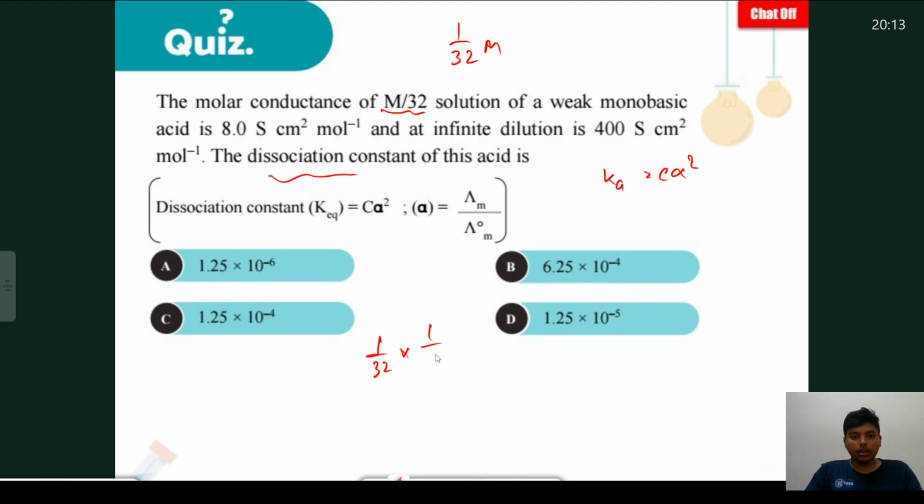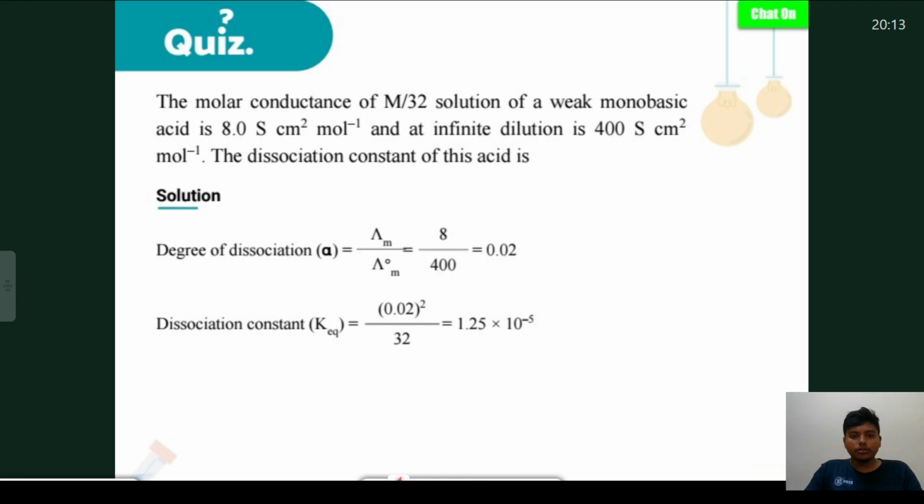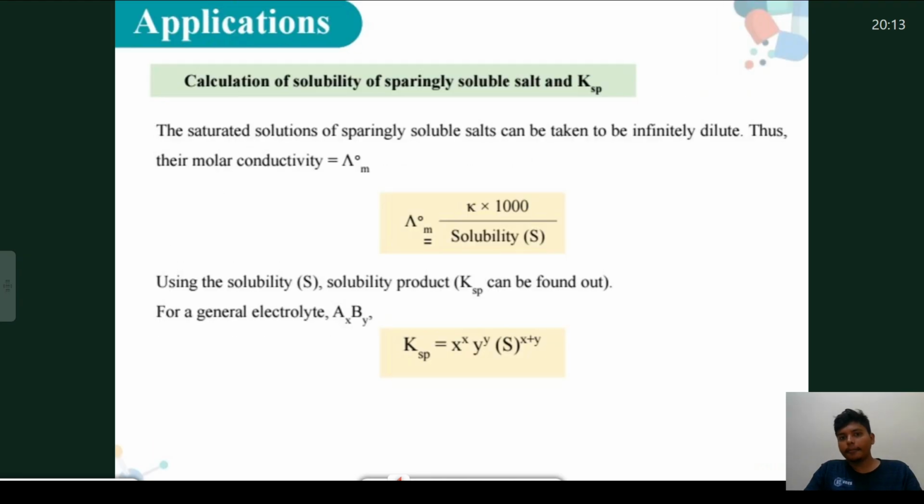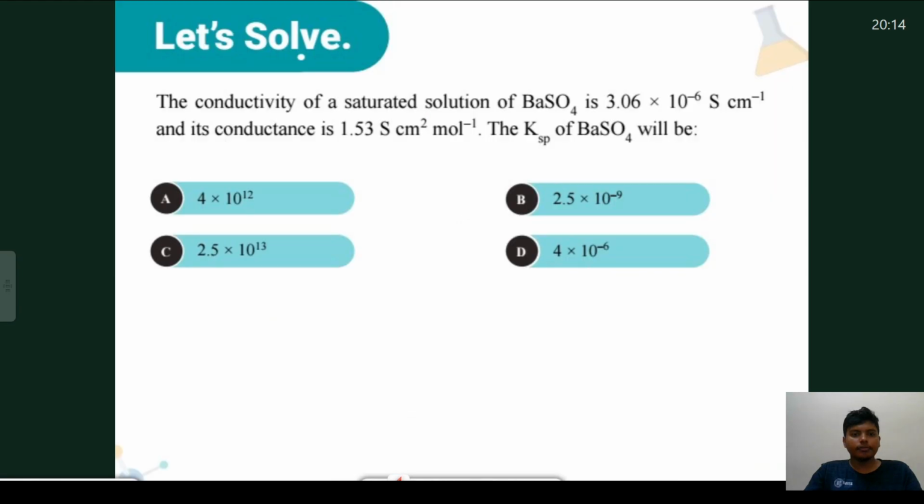Sorry, 8 by 400, right? So 1 by 20 square. Whatever you will get actually. Okay. Next. KSP calculation is not in your syllabus actually.